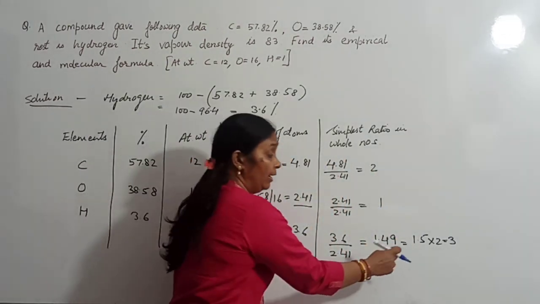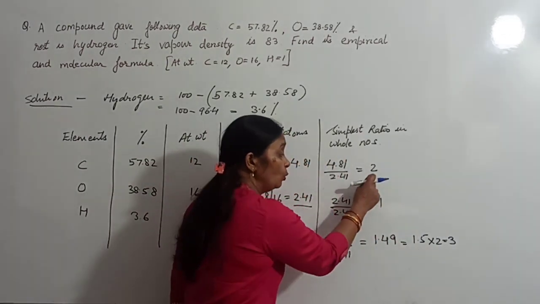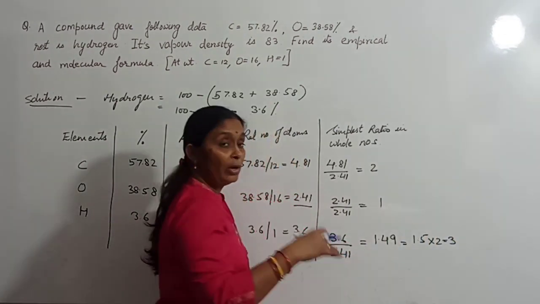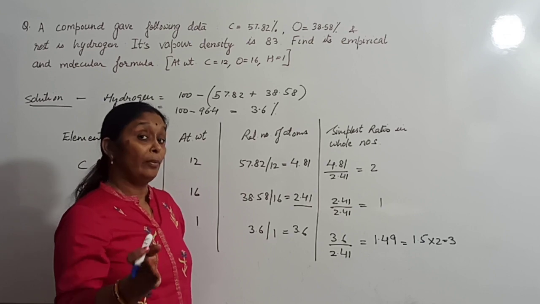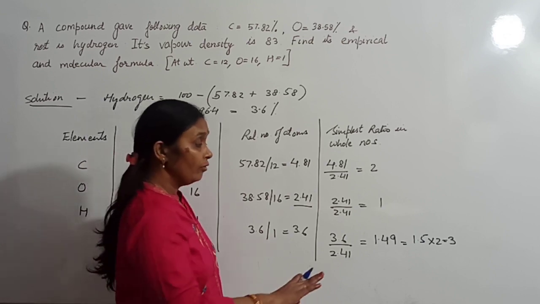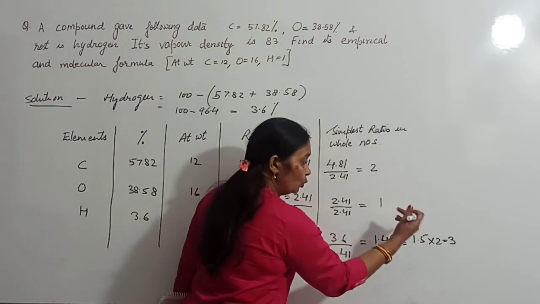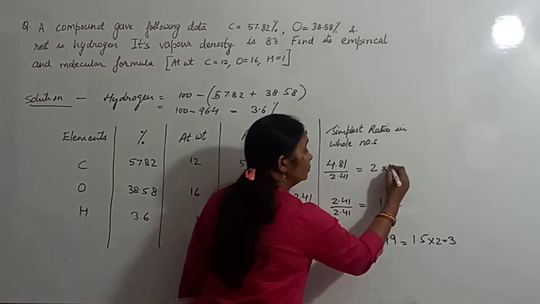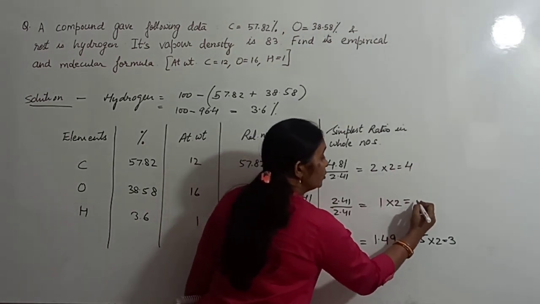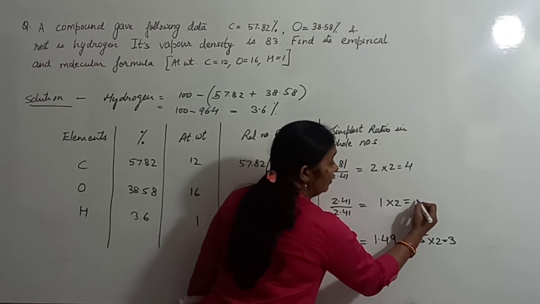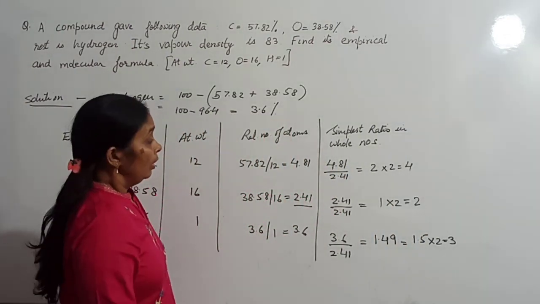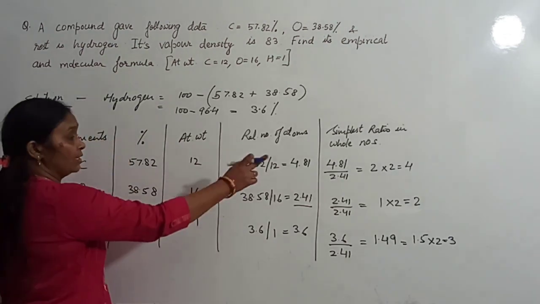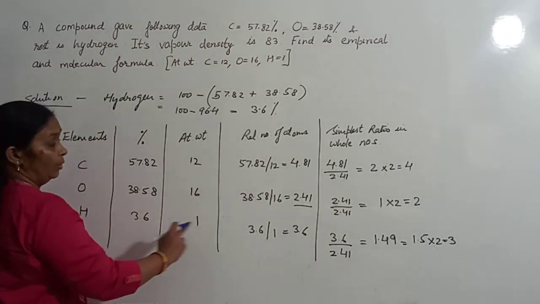But when you multiplied 1.5 with 2, it became 2:1:3. So the ratio is disbalanced. To make the ratio remain the same, if you have multiplied 1.5 by 2, you will multiply the others also by 2. So the ratio of the atoms of different elements will remain the same. Now you have got carbon as 4 atoms, oxygen 2 and hydrogen 3.